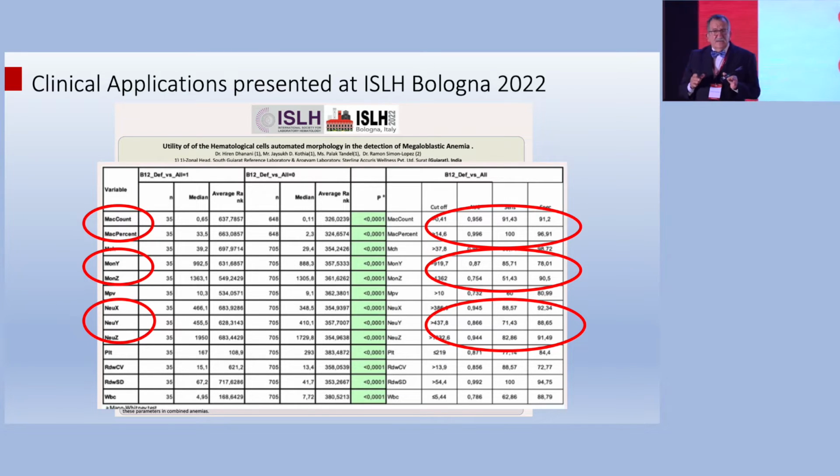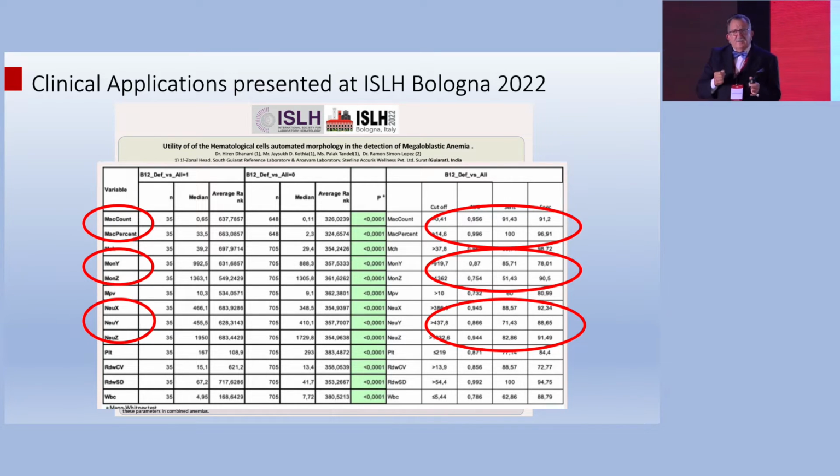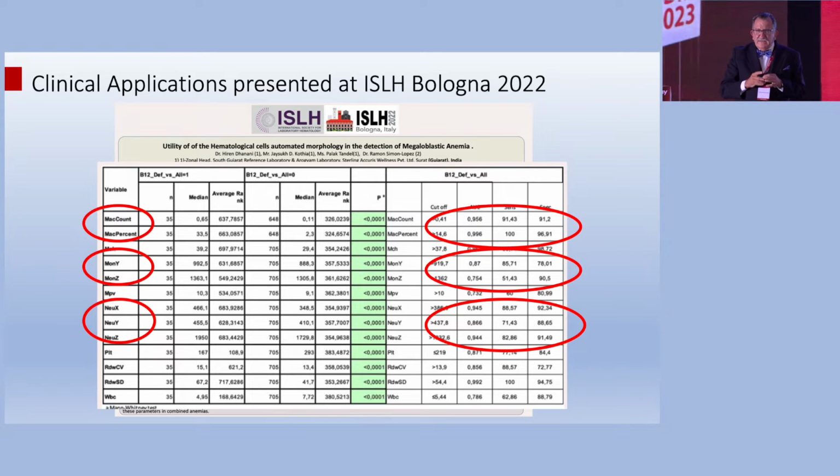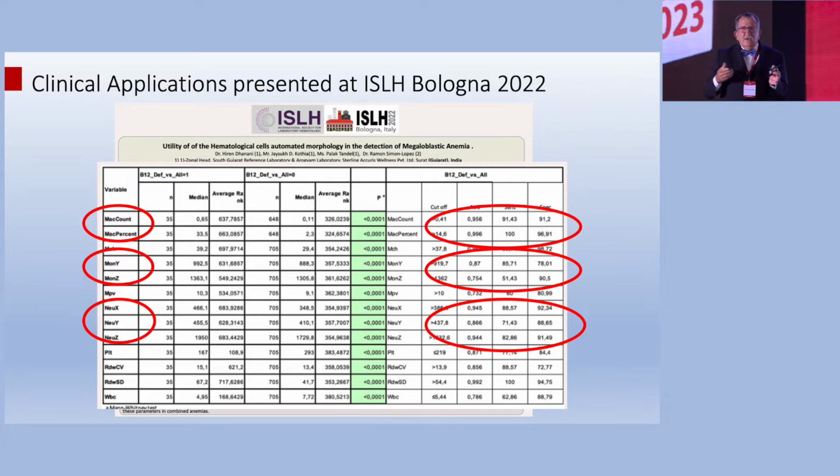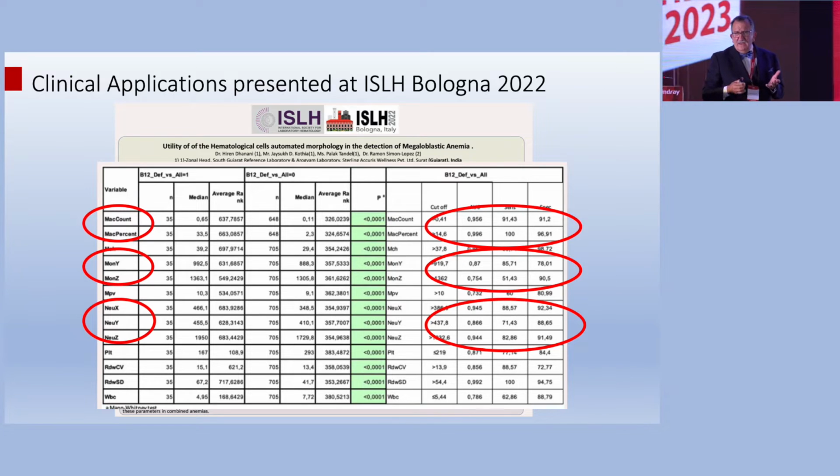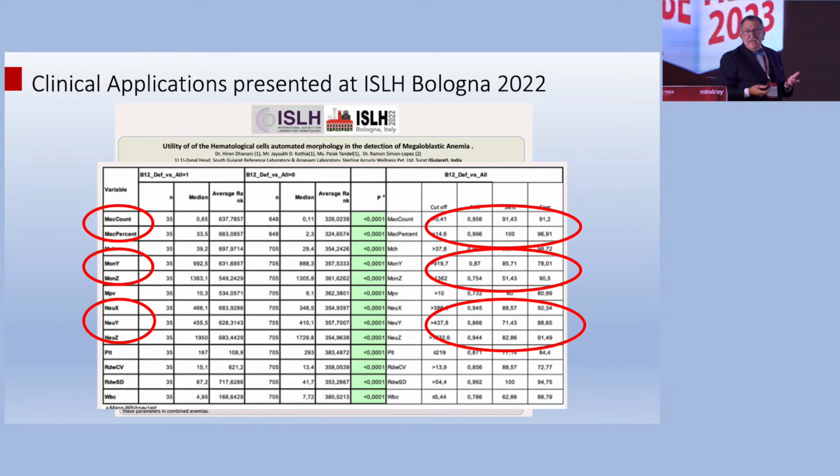And this is very important because 50% of the megaloblastic anemias, if we do in a random series of 500, 1,000 anemias, random, we do B12, we will find that half of them have normal MCV. And the problem is the GPs don't order B12 if the MCV is normal. For this reason, this is really an issue.